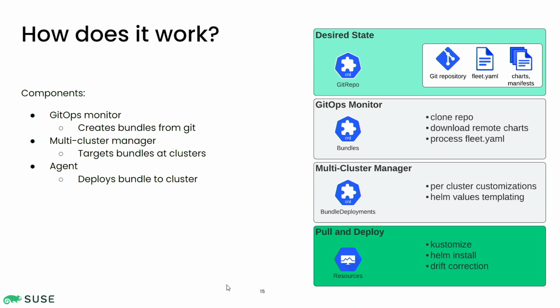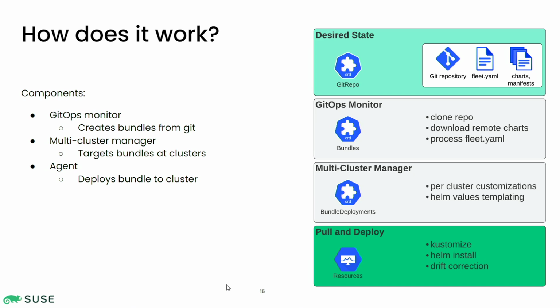One component of Fleet is this GitOps monitor. This is the next one down there. It's going to see if the repo changes, and it's doing the clone. And if it finds references to Helm charts, it will download them.